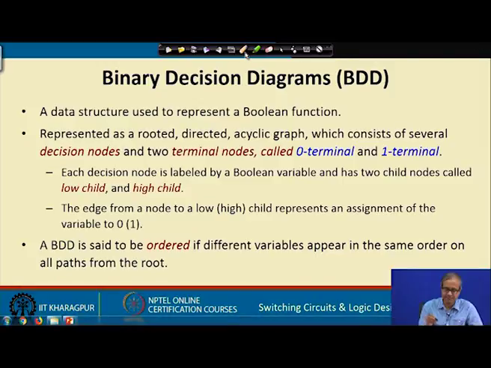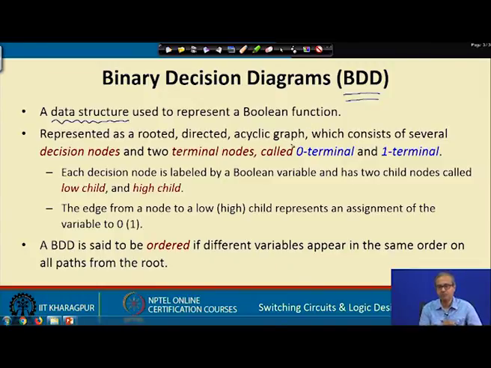So, as you can see from this slide, binary decision diagram, in short we refer to as BDD, is essentially a data structure, a way to represent some information, to represent a switching function or a Boolean function. BDD is nothing but some kind of a graph.